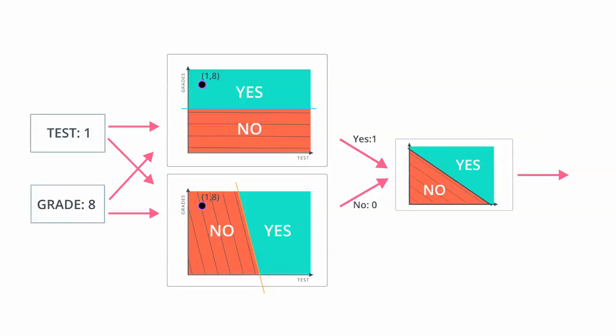Now the next layer, called the output layer, takes the values coming out of the middle layer, namely the 1 and the 0, and it locates the point with coordinates 1, 0. This point is in the red or negative region of the final node, so the output here is a no. Thus the neural network has received as inputs the values test equals 1 and grades equals 8, and it has outputted a no.